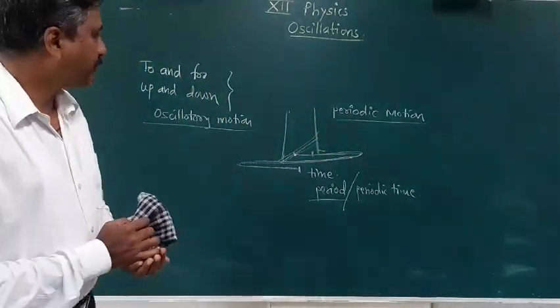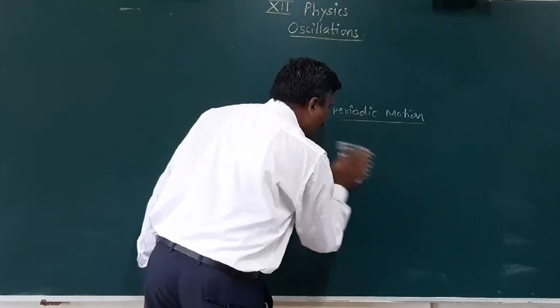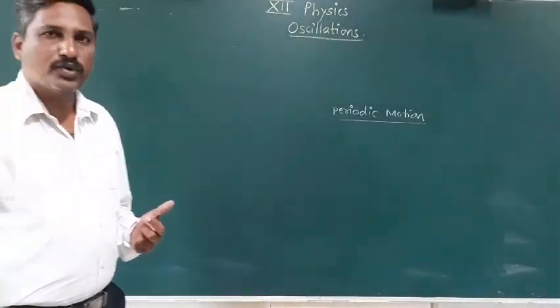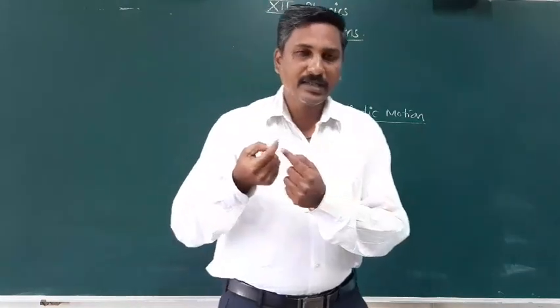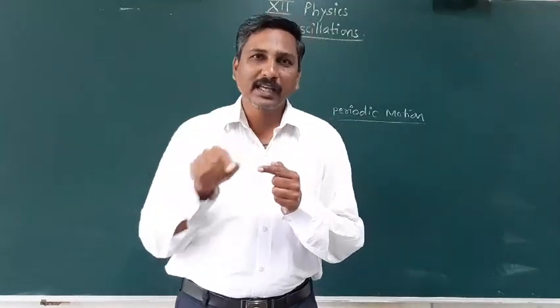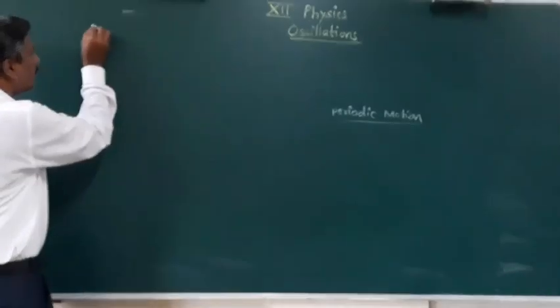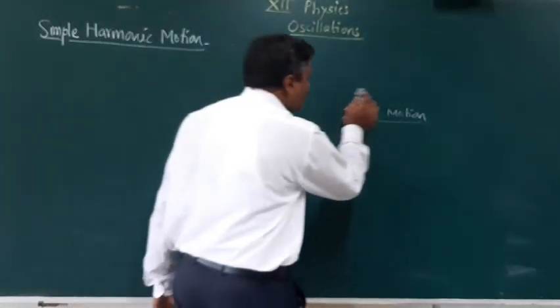Now in this chapter we study simple harmonic motion. What is simple harmonic motion? If a body performs to and fro motion, up and down motion, and it traces the same path, following the same movement again and again, meaning it repeats, then that motion is called harmonic motion.